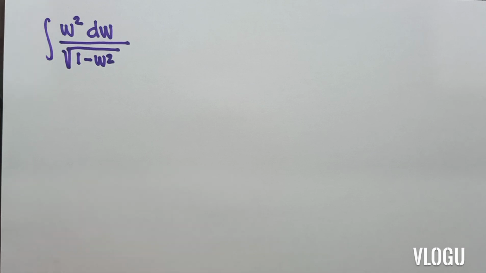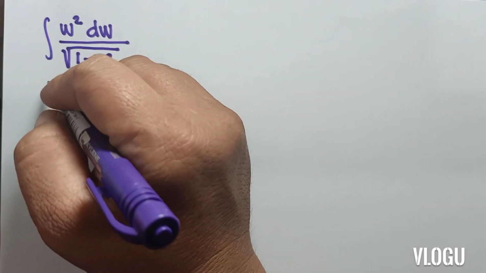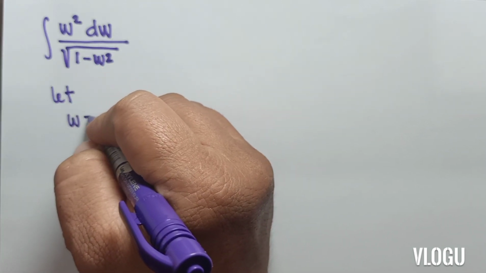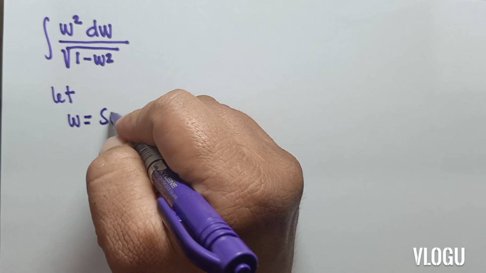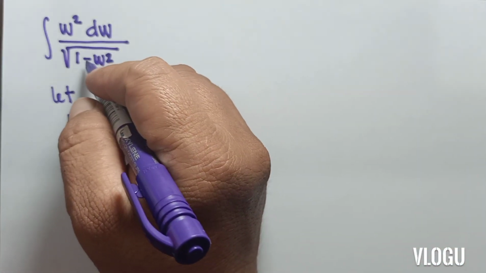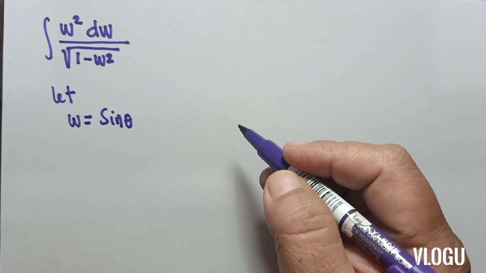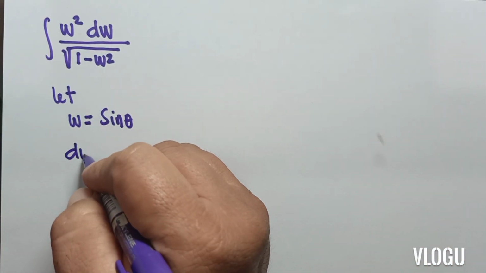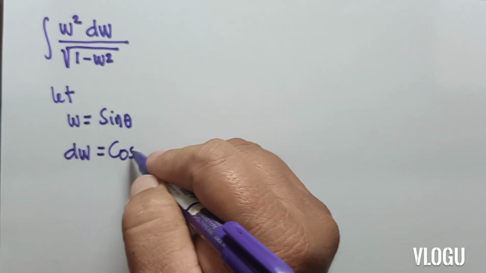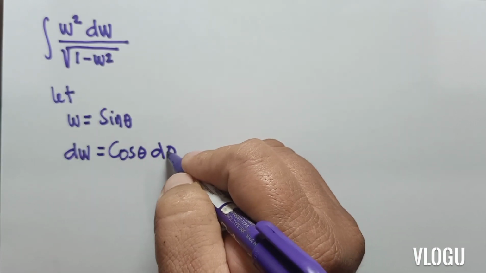So, the integral of w squared dw over the square root of 1 minus w squared, by solving using trigonometric substitution, we will let w equal sine theta, a form of the square root of a squared minus u squared. So, the derivative of w is equal to cosine theta d theta.